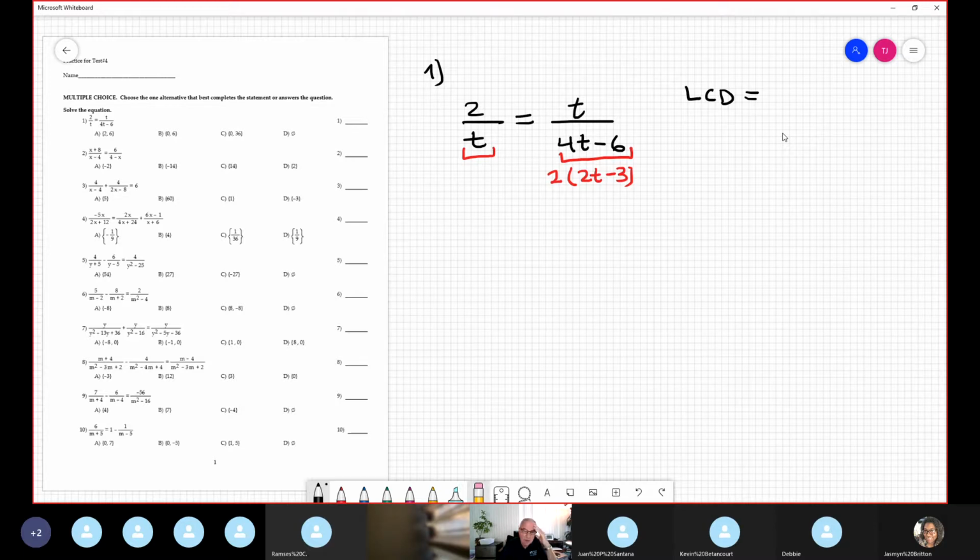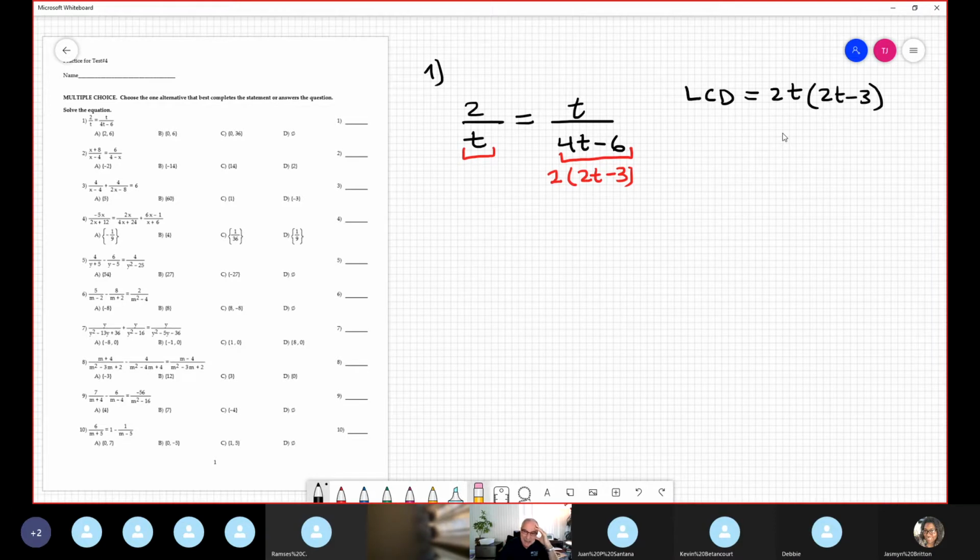In this case, no repetition, because it's t alone, 2 alone, and 2t minus 3 is another factor. You take everything. So it's 2t(2t minus 3). This is our LCD.